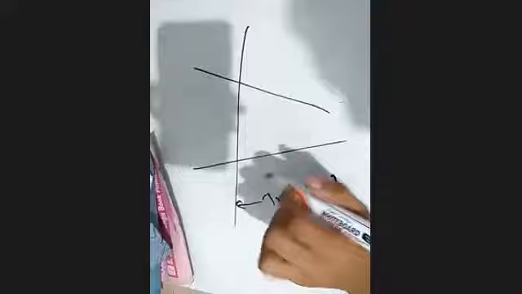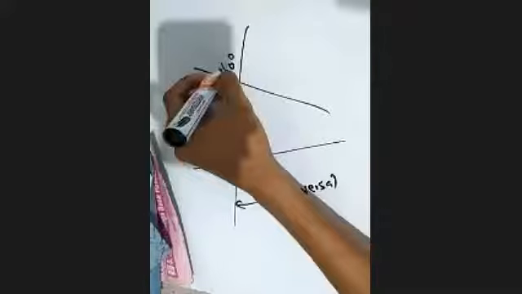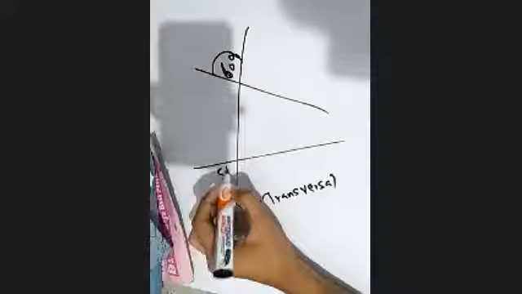So what's going to happen here is, now if I give you this as 60 degree, this 60 degree, and if I give this as 50 degree, 50 degree, let's say.